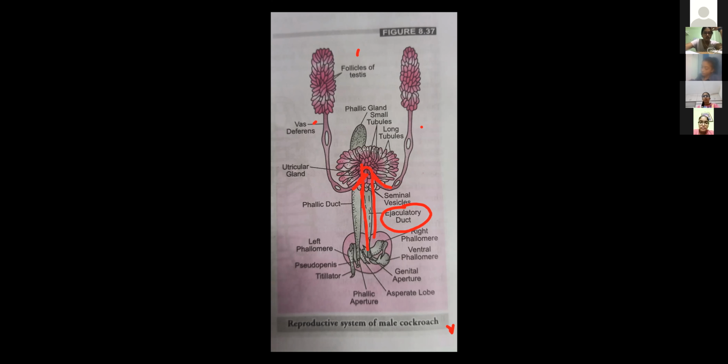right? Next, ejaculatory duct that runs backward, means runs like this, backward, posterior side, and then opens outside as a genital aperture. Okay, that opens outside as a male genital pore or genital aperture.